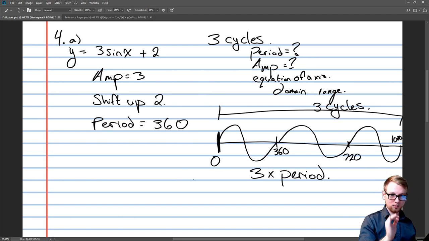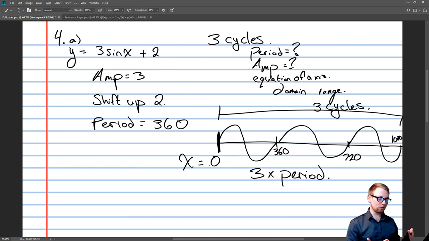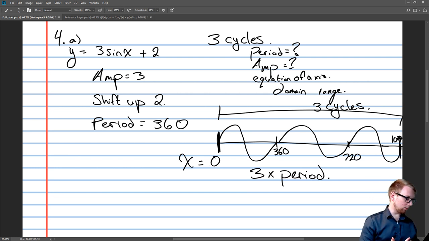It says x equals 0 is the start. We want to find the final endpoint for our domain. So that's going to be right here, the end of 3 cycles. So 1080 is 3 cycles. Does that make sense?